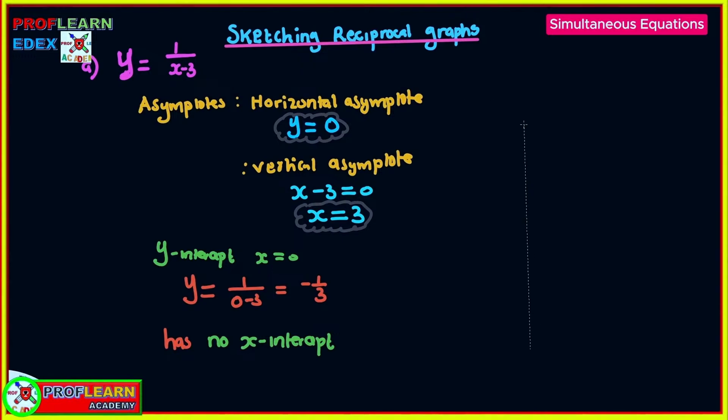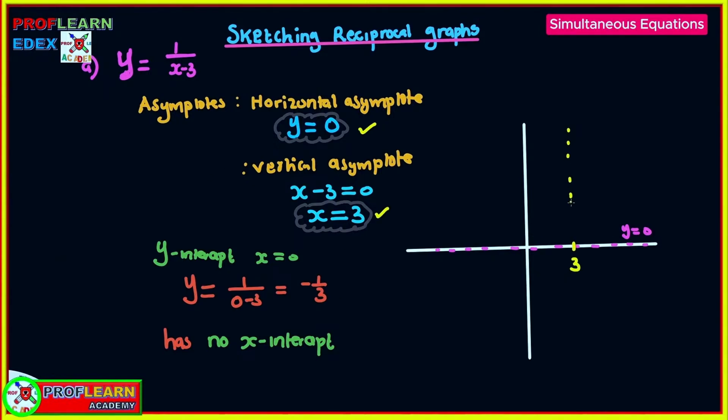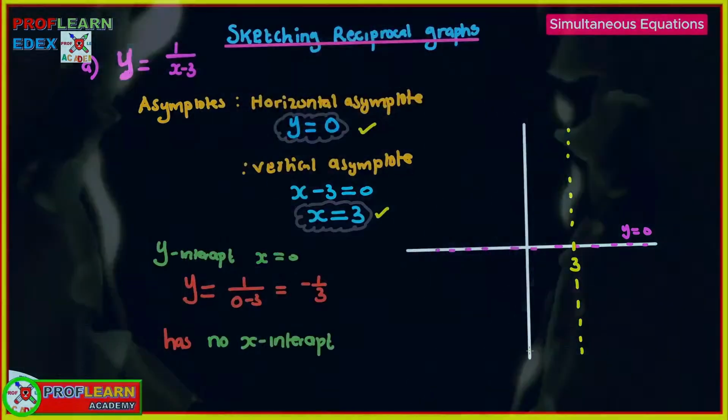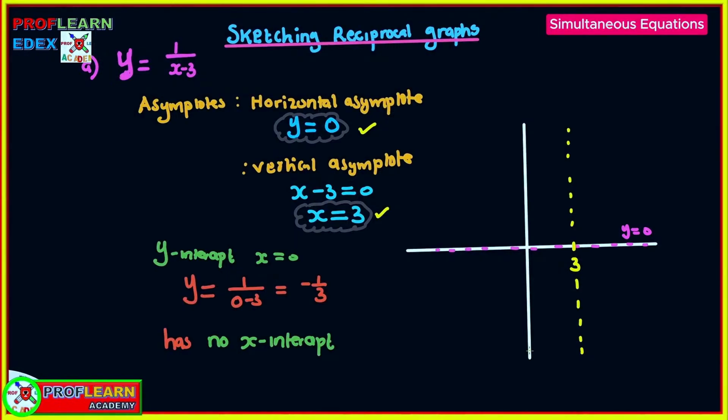So we can now go ahead and sketch the graph the way it looks. This is our beautiful graph. This is the horizontal asymptote, and then we have our vertical asymptote passing through these points. Asymptotes are conventionally indicated using dotted lines, meaning the curves are going to approach those lines, but they will never cross them.